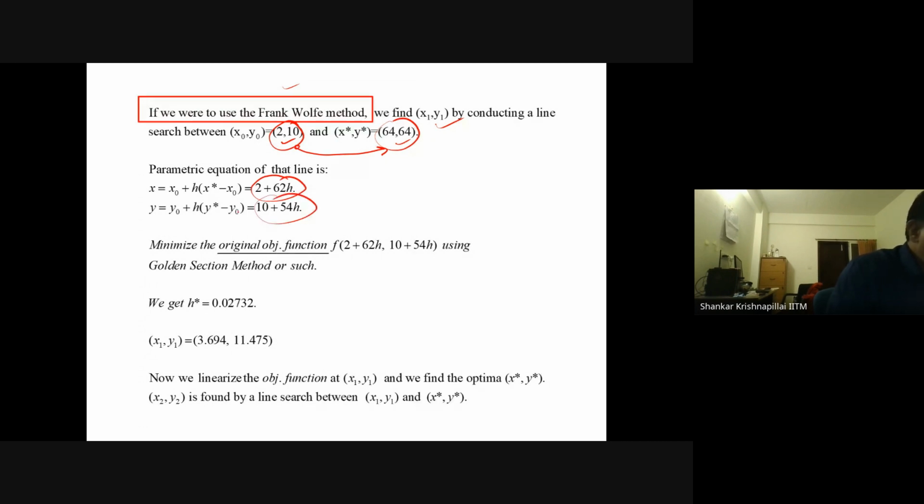And this has to be substituted in the original objective function and minimized. Okay. So you may need Cauchy method or Newton's method.